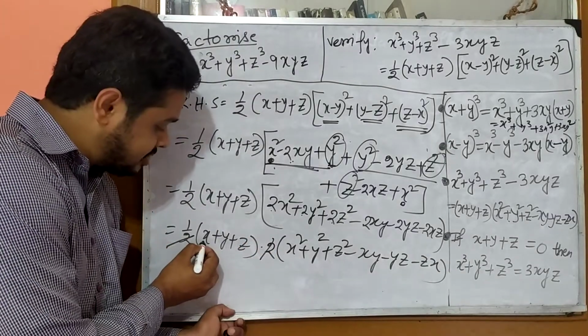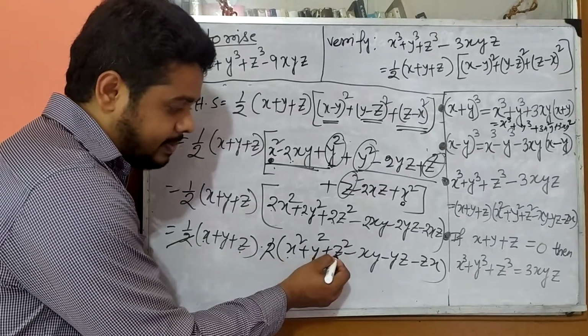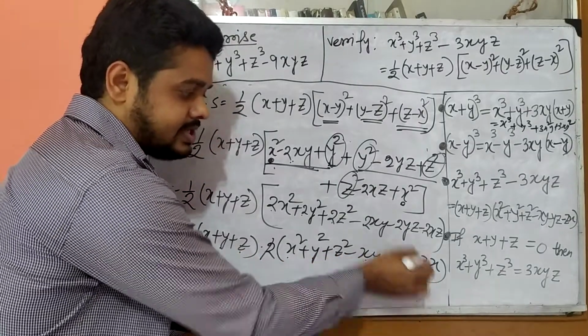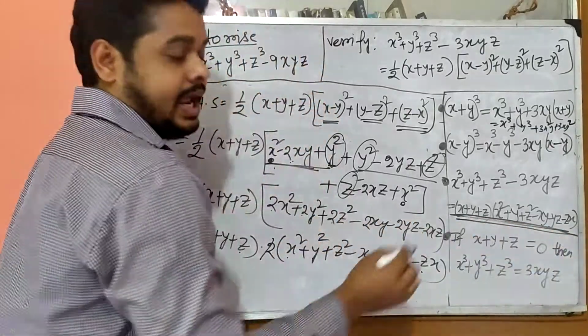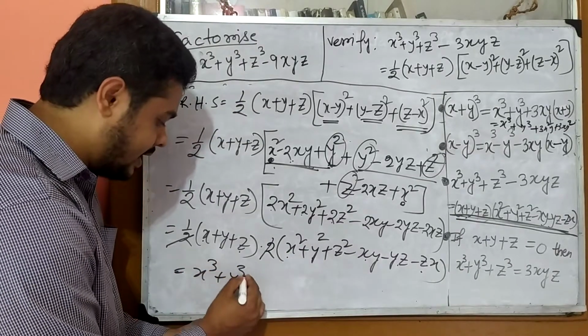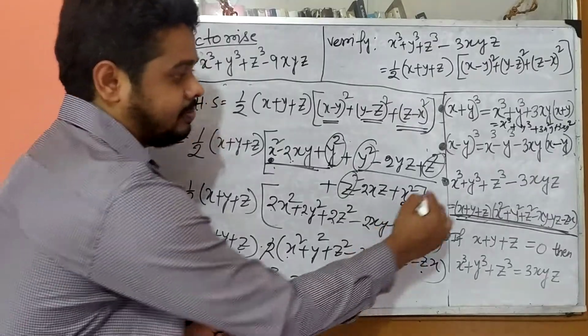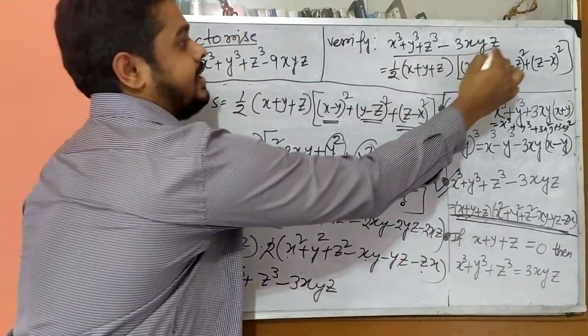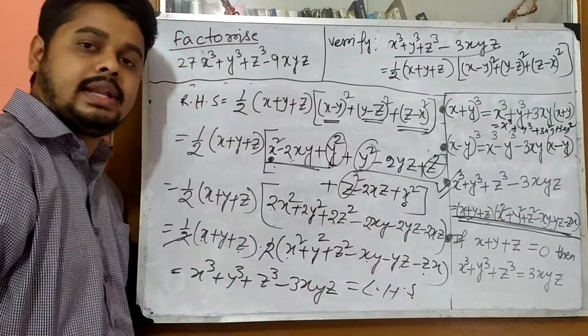That means it becomes x plus y plus z into x square plus y square plus z square minus xy minus yz minus zx. This one. And this one equals, we can write x cube plus y cube plus z cube minus 3xyz from that identity, and it is verified, equals LHS. Clear?